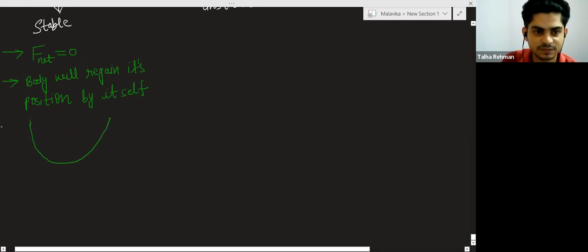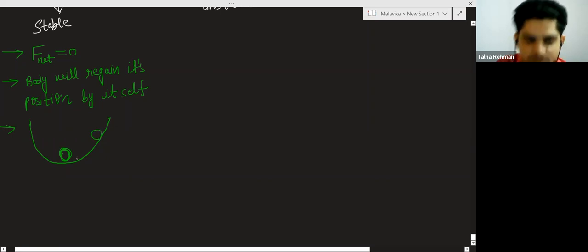Please consider this, it is not exactly the shape. Suppose you have a cricket ball here. Net force is zero, which means the ball is at rest. And suppose you displace this ball to this position.